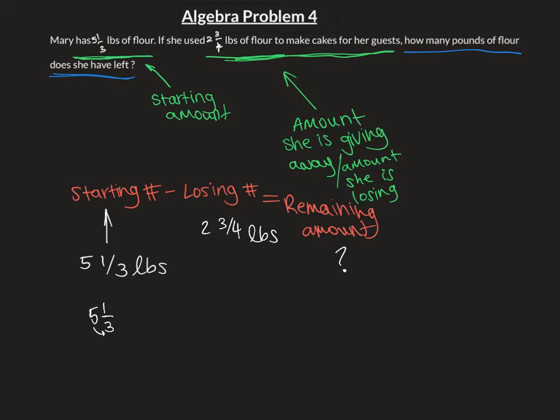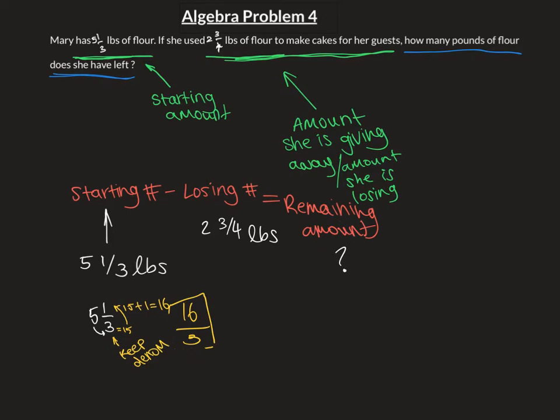So we get 15, and then you add it to the numerator of the fraction. So 15 plus 1 equals 16. And remember, you have to keep the denominator. So now we have 16/3. So 16/3 is what 5 1/3 is equal to.